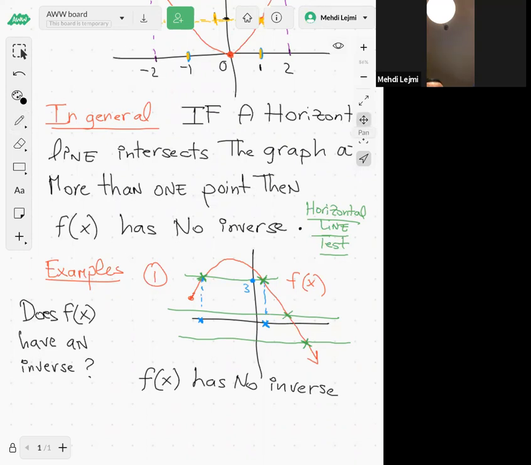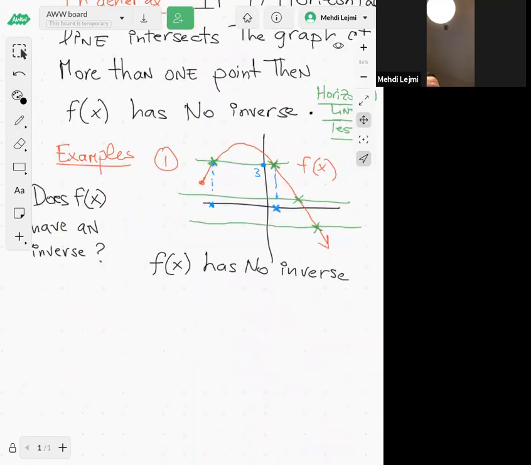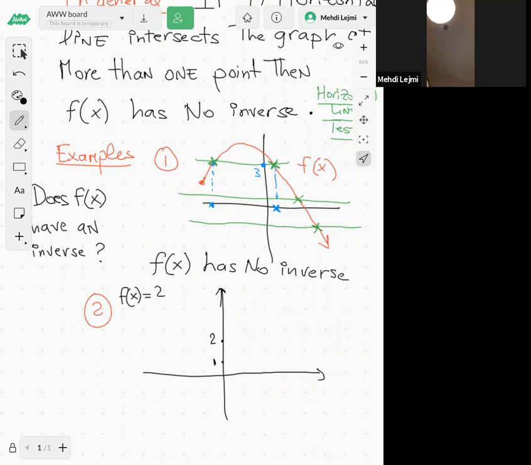Rabiul, you were talking about the constant function. So if you just take example number 2, just take the constant function. I'm gonna just take f of x equal to 2. Let's say this is 1 here, this is 2. So what does it mean f of x is equal to 2? It means that for any input x, the output is gonna be the same, which is 2.